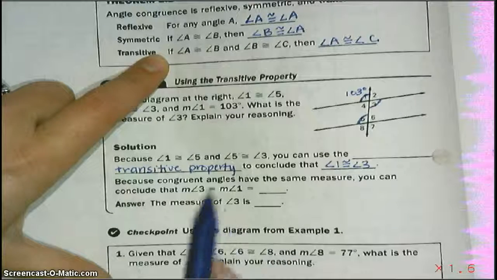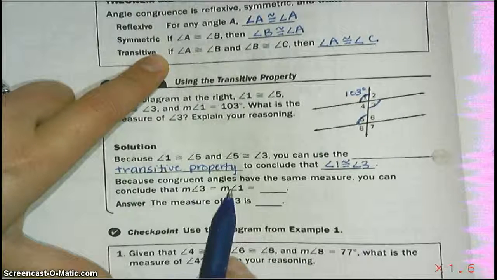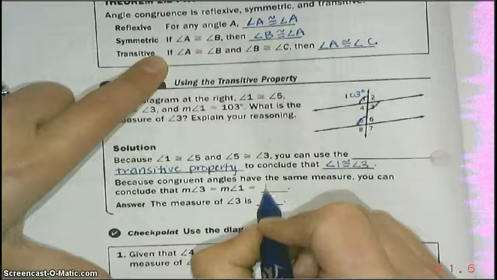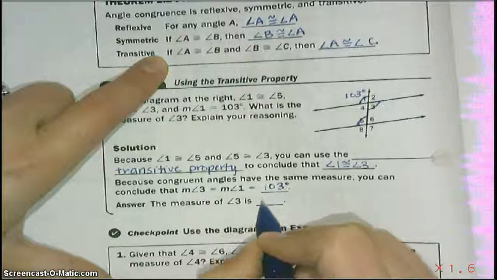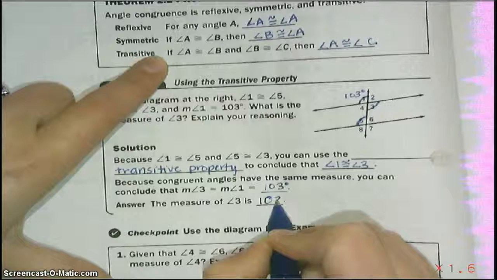Because of that, the measure of angle 3 is going to equal the measure of angle 1, and that measure is 103 degrees. Therefore, angle 3 is 103 degrees.